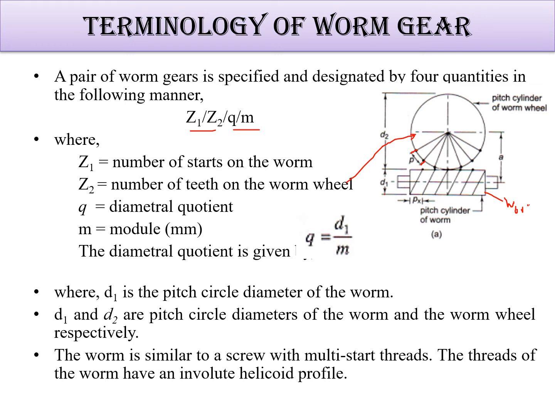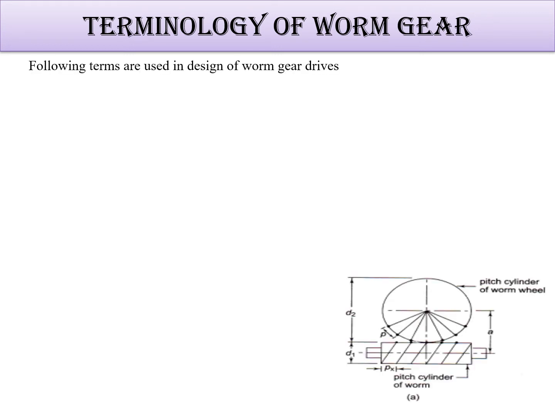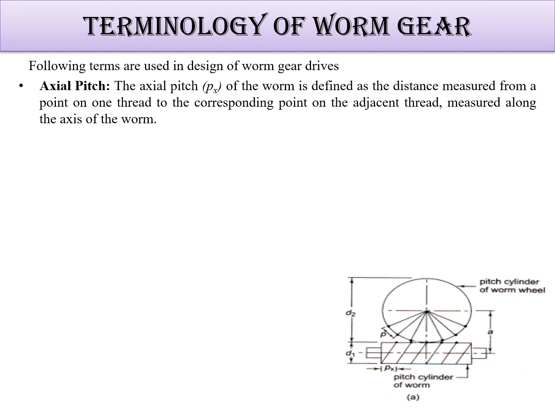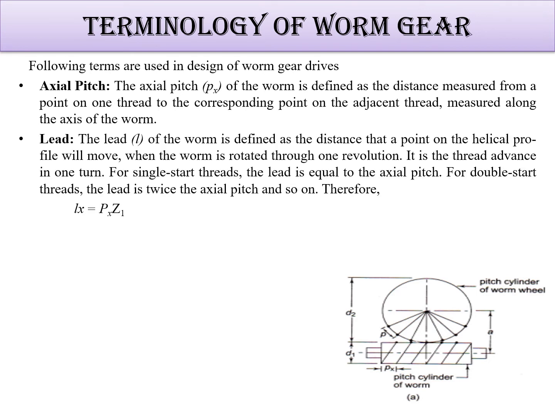Let's see the terms which we use. Axial pitch, as I told you, is px, or here it is p. The distance between two consecutive teeth is the pitch distance. Lead is the distance that a point on the helical profile will move.